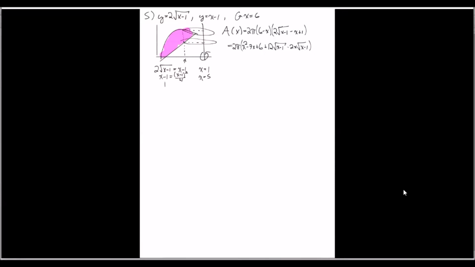That will just give you 1 equals x minus 1 over 4. So then we have 4 equals x minus 1, and then we can get our x equals 5. Now we've got our final integral here from 1 to 5 of what our area term was.